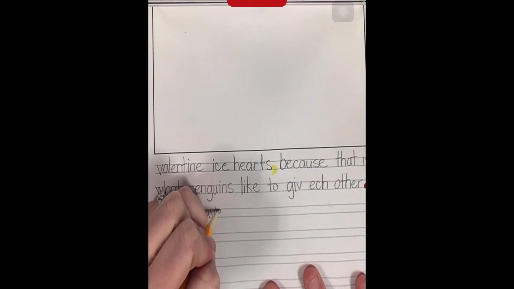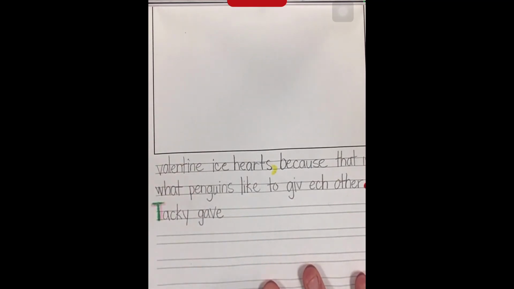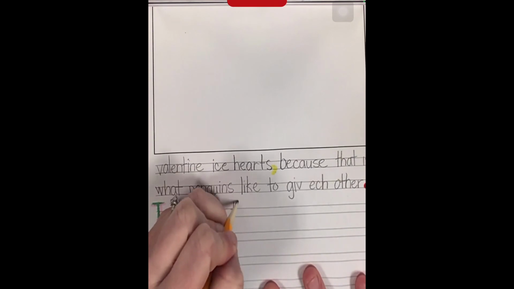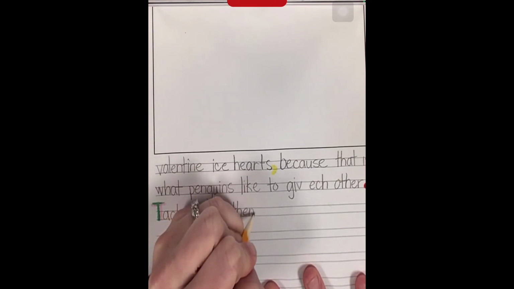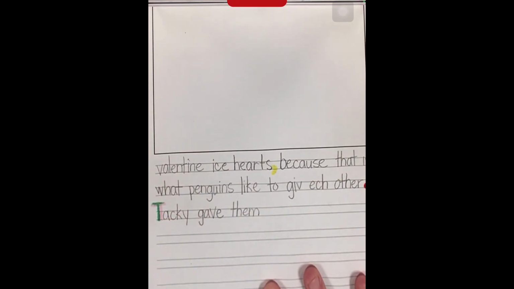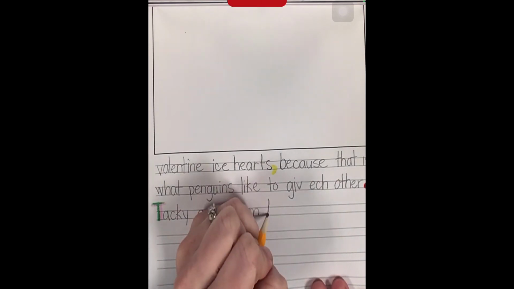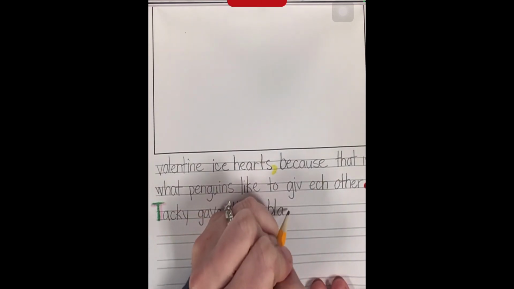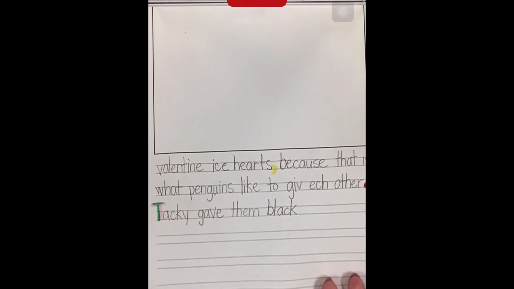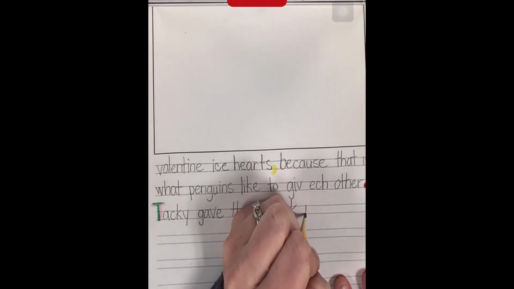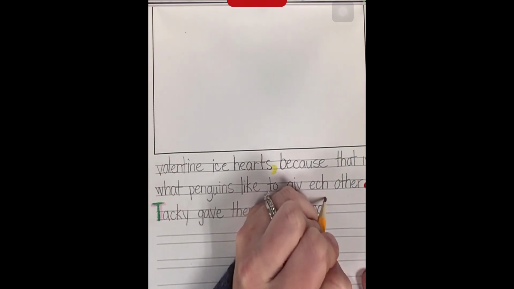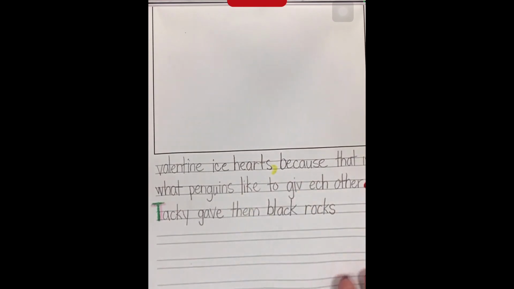That bossy E. Tacky gave them. Two letters say k. Tacky gave them black rocks. Tacky gave them black rocks.